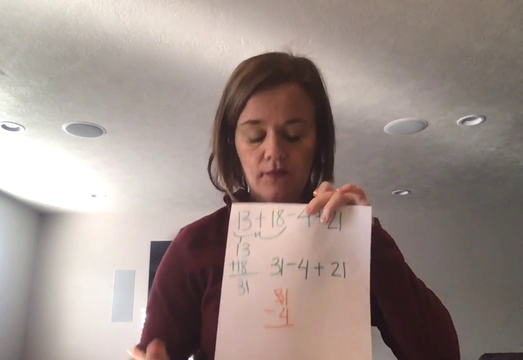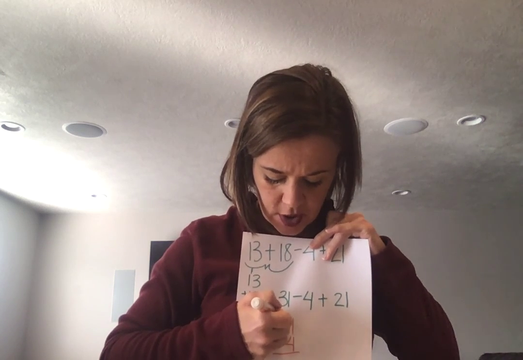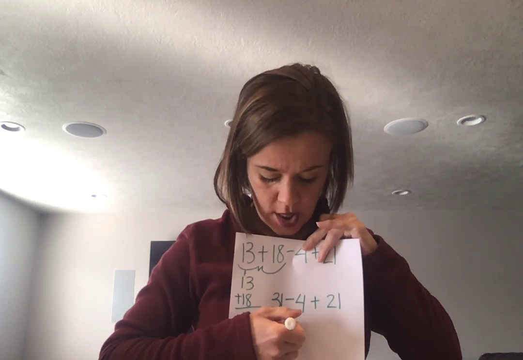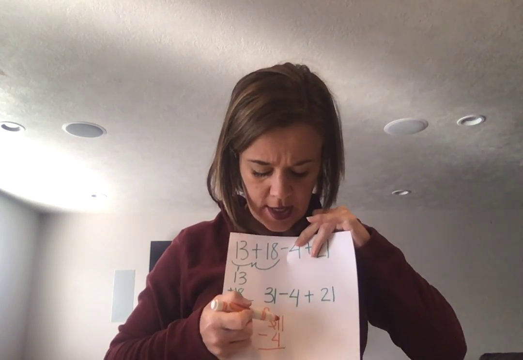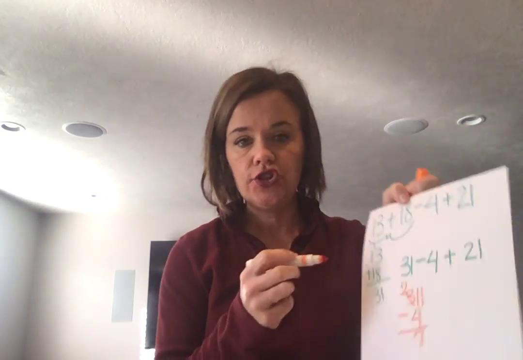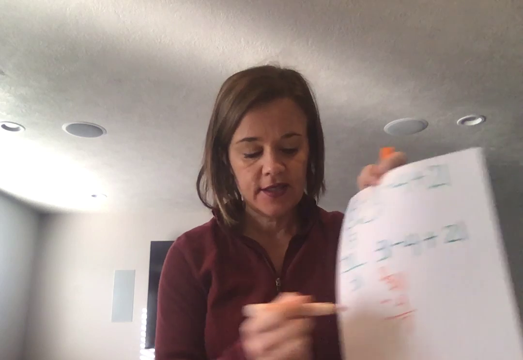And I have to regroup, right? So this will become a 2 because I can't take 4 away from 1. 11 subtract 4 is 7. And 2 subtract nothing is 2. Okay, so now my problem looks like this. Now it's 27 plus 21.